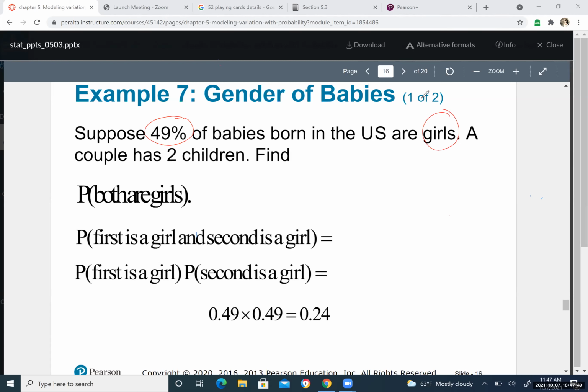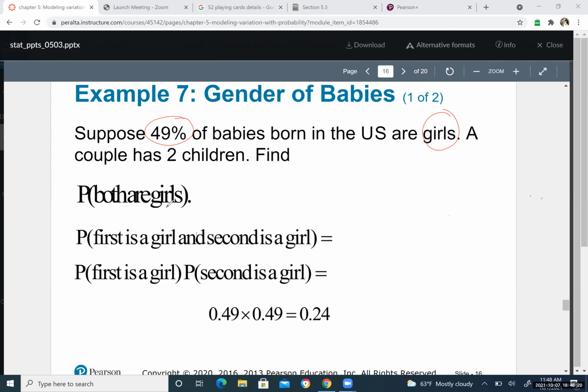So next sentence they said what? A couple has 2 children. Okay, it means you don't know if it's a boy or girl for each couple in the US, right? So what do they want us to do? They want us to find the probability of boy or girls.